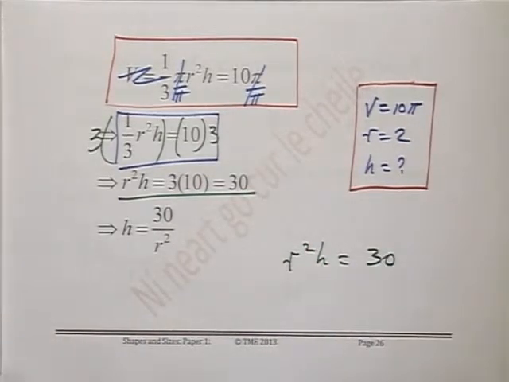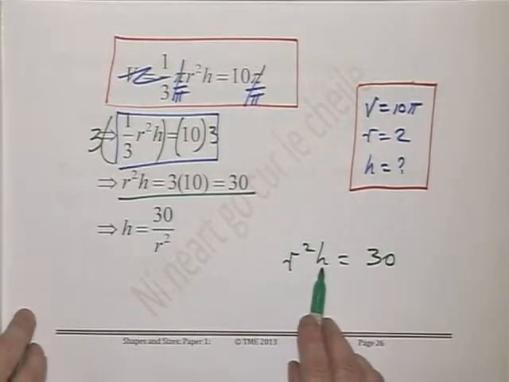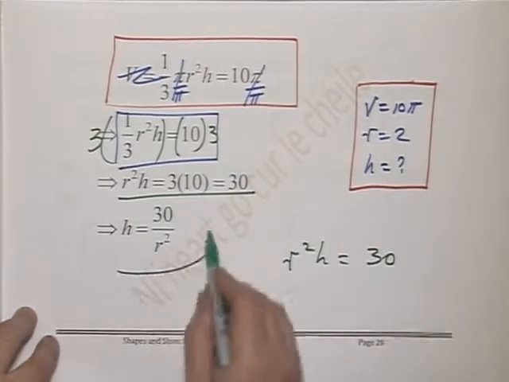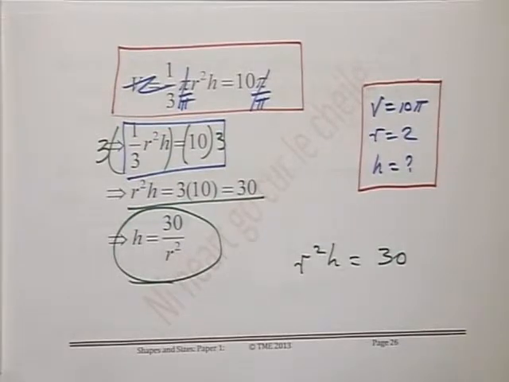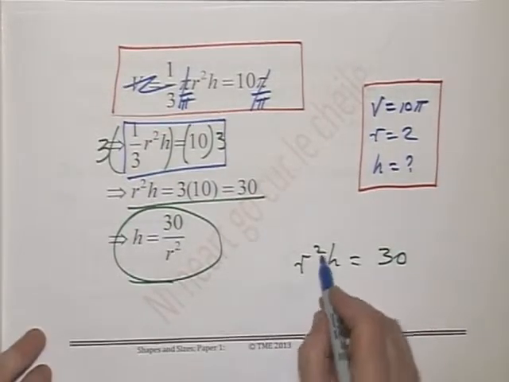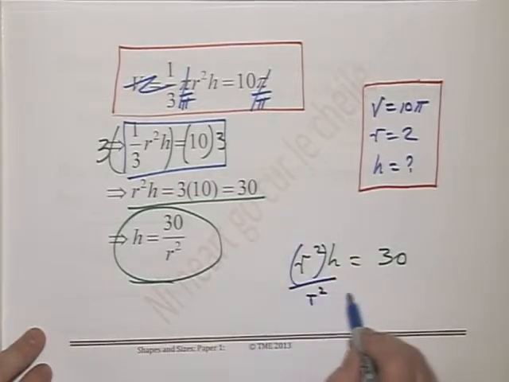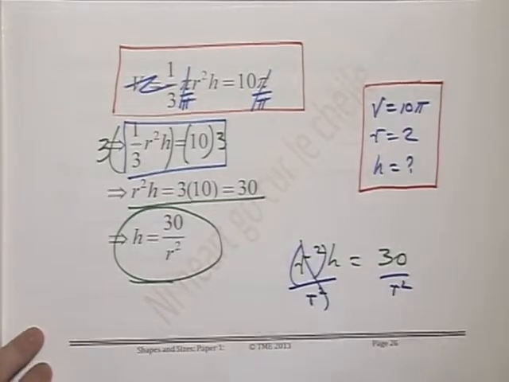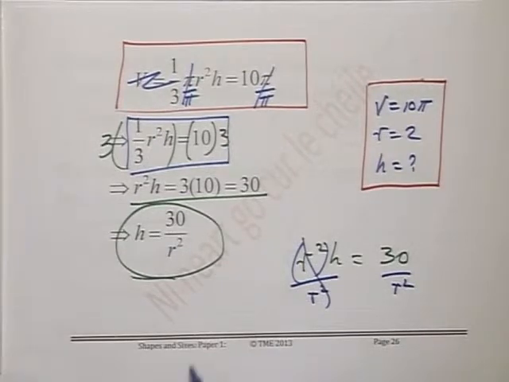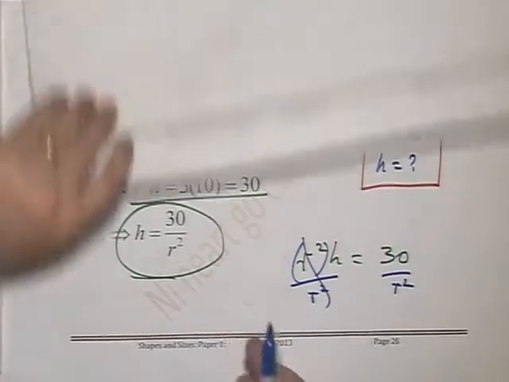It's not bad. And if I was interested in h, I could just divide by the r squared. Because how do I get rid of an r squared when it's a multiplier? I divide by r squared. So I now have h is equal to 30 over r squared.